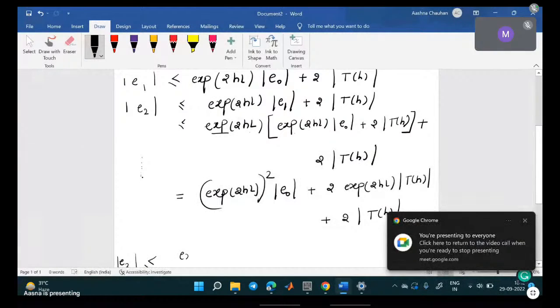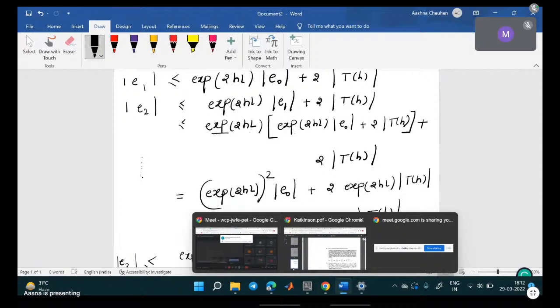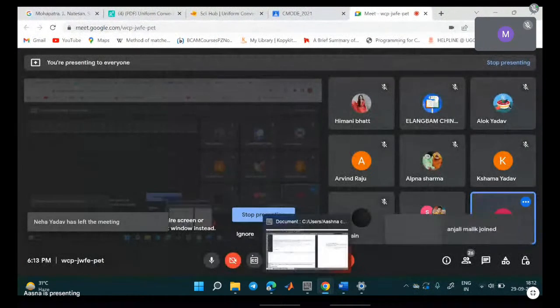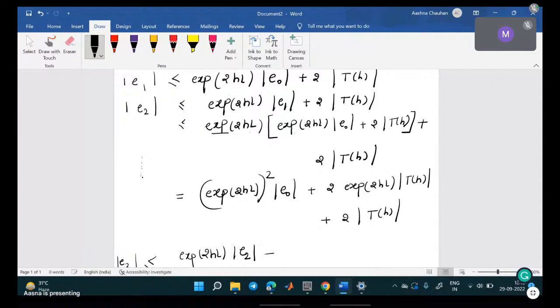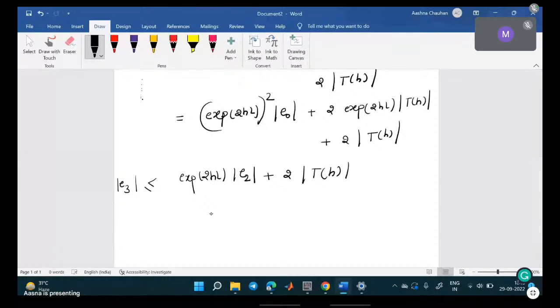So E3 is less than or equal to exponential of 2HL mod E2 plus twice of mod of TH. And E3, if I write it directly, I'm substituting the inequality of E2 from above, and the whole inequality is again converted into the form of E naught.